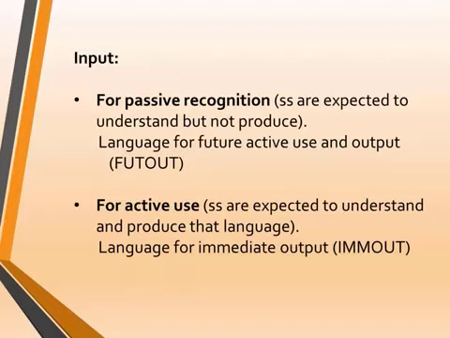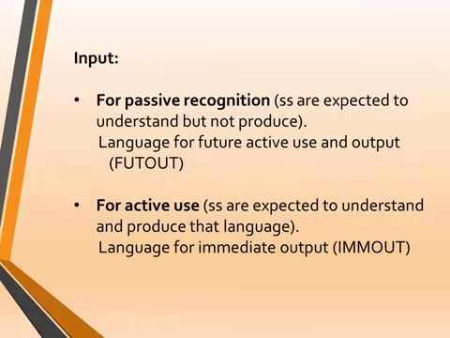It is the language for future active use and output, what I call foot out. We should expect students to understand what is being said or what is being read, but we don't expect them to process the language in such a way that they will be able to produce it in the immediate present. It is the language that they will have to learn in the near future.